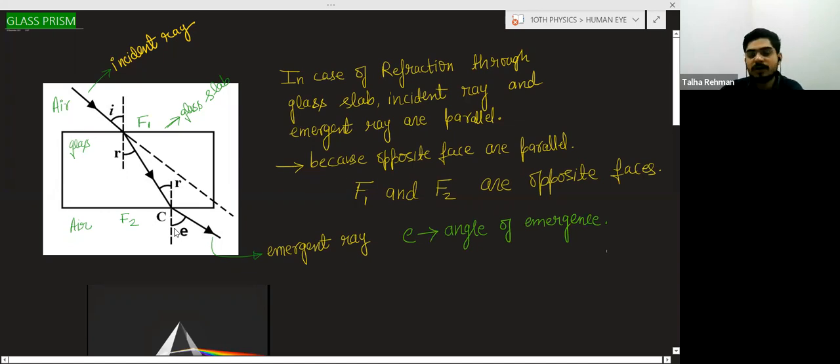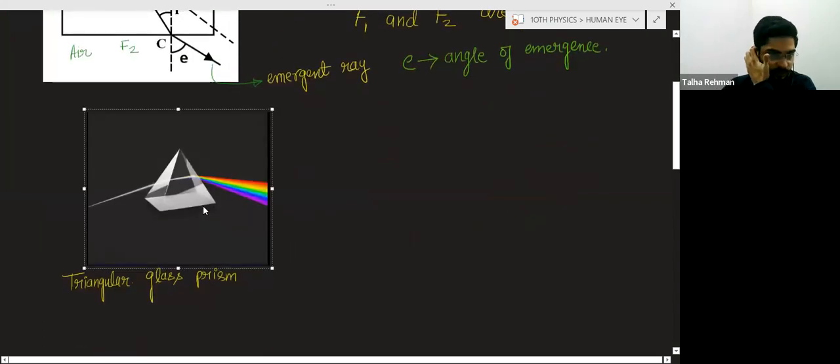Now after the glass slab, we will have a triangular glass prism. Basically this is a triangular glass prism. Maybe you have seen this in your lab. Basically this is the phenomenon of dispersion of light we will study.